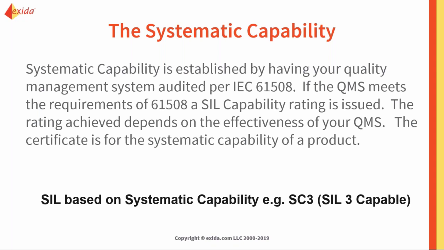If a quality management system meets each of these requirements, then a SIL capability is issued. With each SIL capability, there are more and more requirements. If something is SIL 1 rated, it'll have a lot of good requirements in it. However, if it's SIL 2, it will have all the SIL 1 requirements plus all of the new requirements to achieve SIL 2. Same goes for SIL 3 capable. It not only has the SIL 1 and SIL 2 requirements, but also the new SIL 3 capable requirements as well.